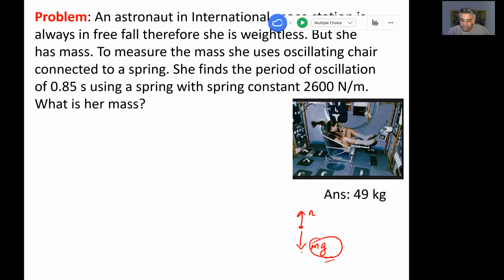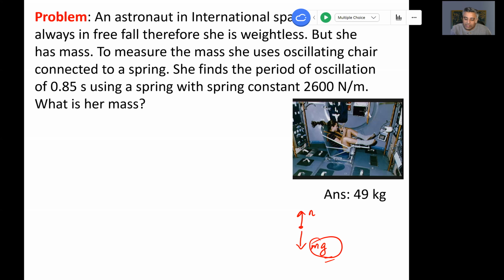So if you need to keep track of your mass, if you put on more mass, that means you are increasing the weight, right? And so to find that, rather than using that kind of scale, you can make an oscillating scale. Attach a chair to a spring and set that in oscillation. It's going to oscillate back and forth.